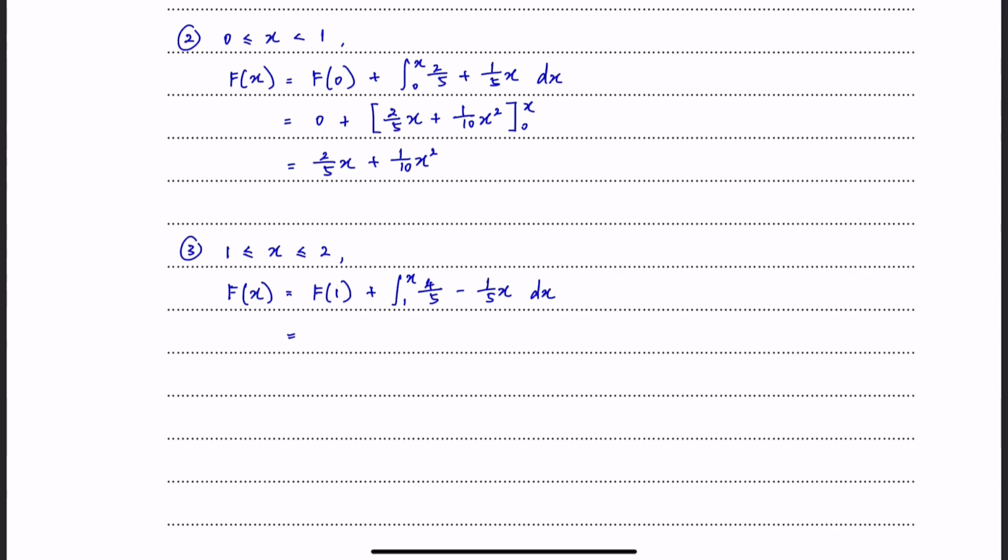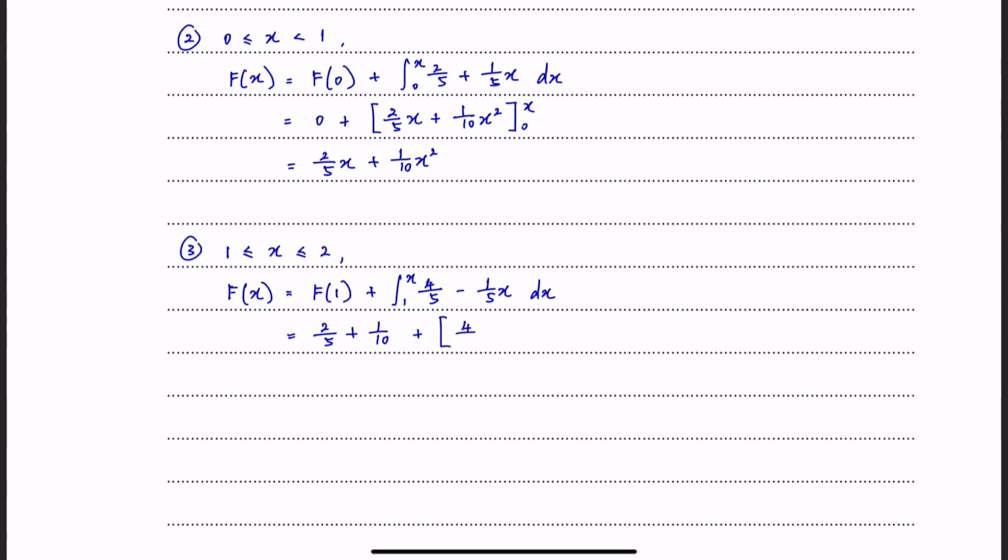So F(1) would be subbing 1 equal to x in this. So we have 2 over 5 plus 1 over 10 for F(1).